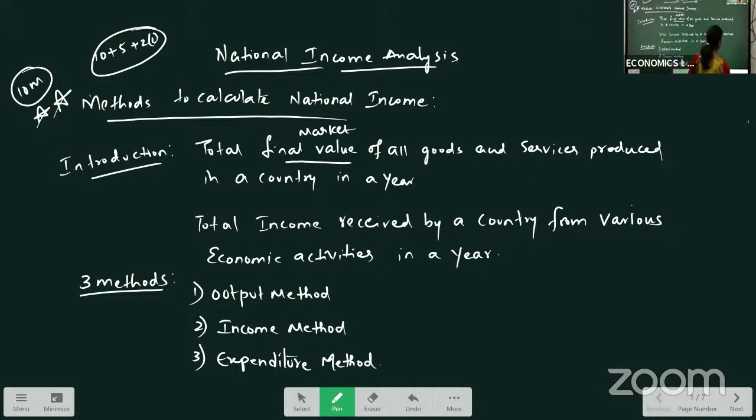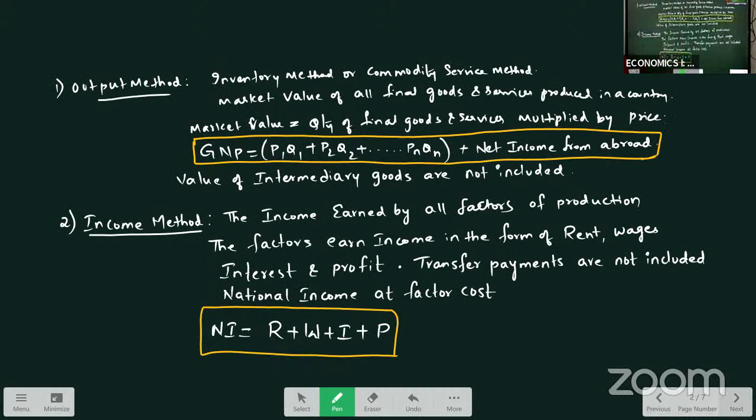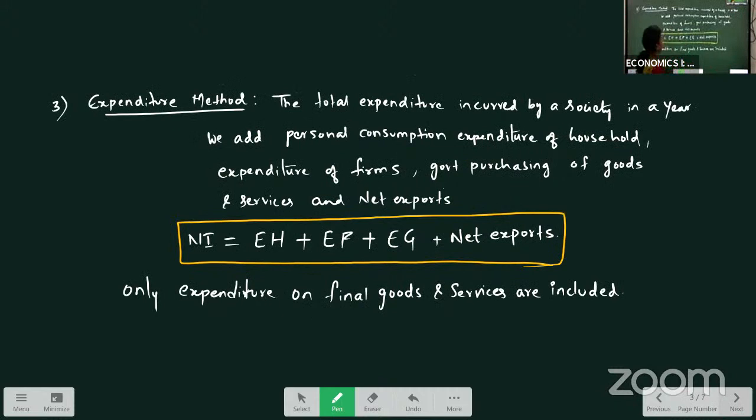National income methods: output method, income method, and expenditure method.